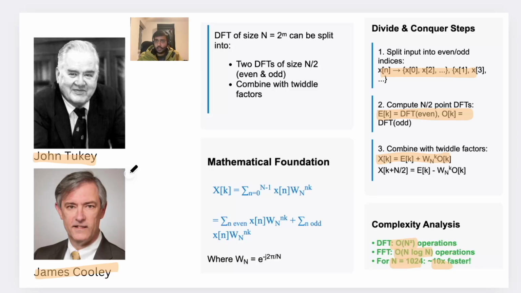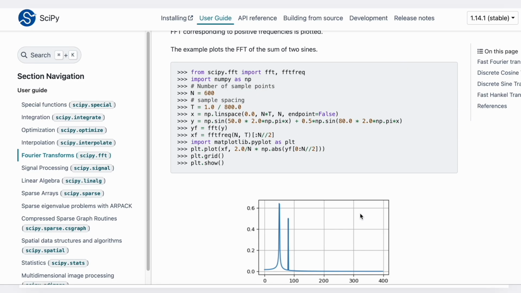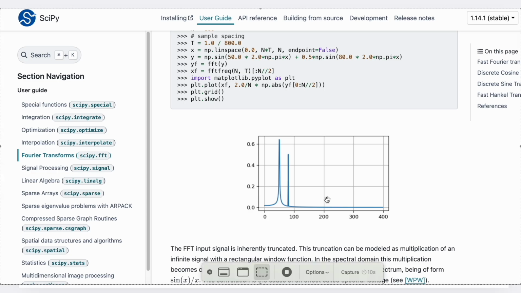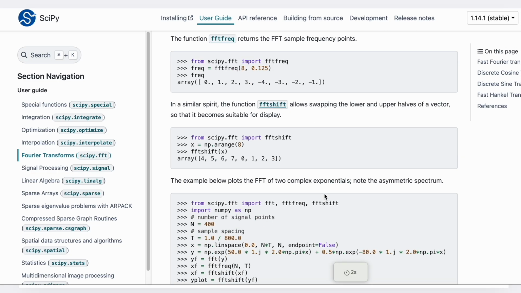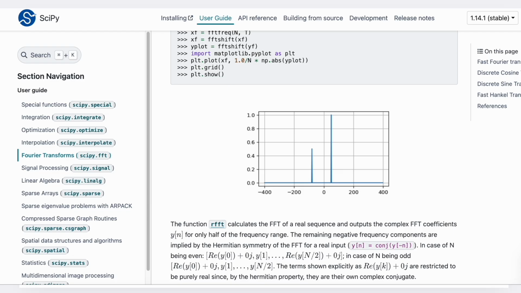And now in the next few sections we will see how we can compute Fourier transform using the scientific computing library in Python known as SciPy.